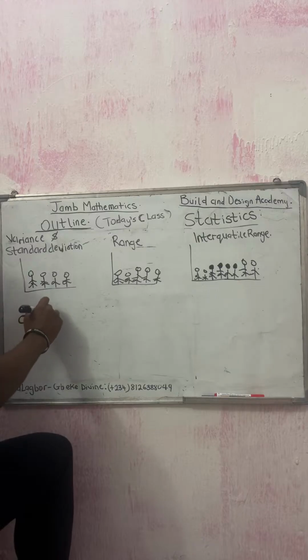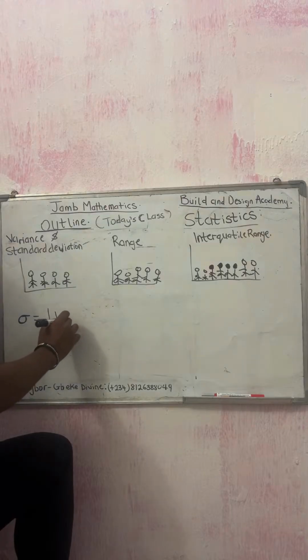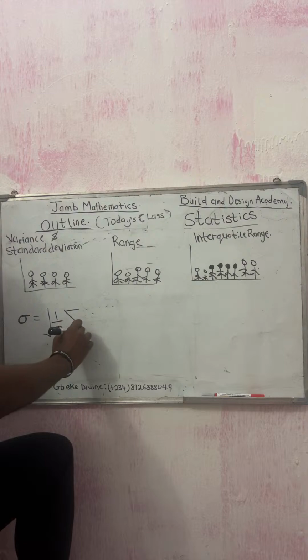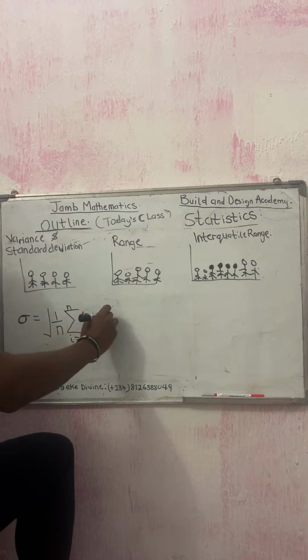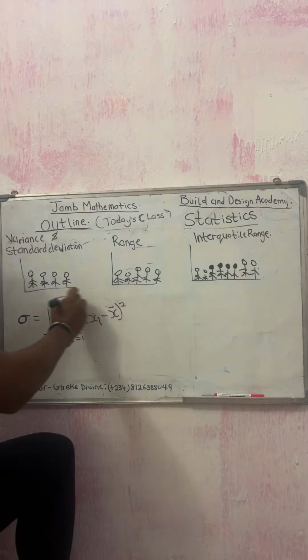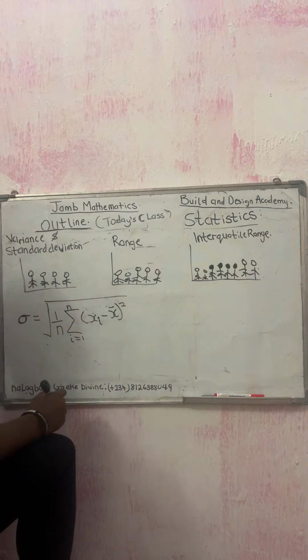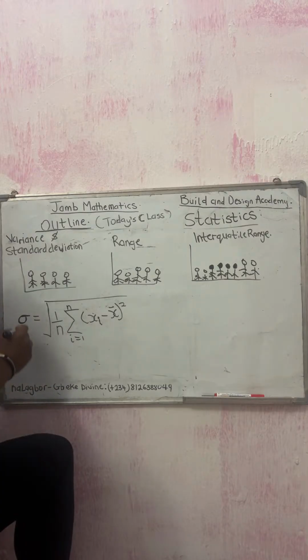So this is the equation for standard deviation: the square root of 1/n times the summation from i equals 1 to n of (xi minus the mean value) squared. Then you take their square root. So now this, like I told you, is our standard deviation.